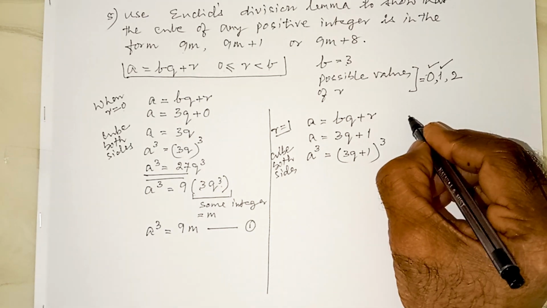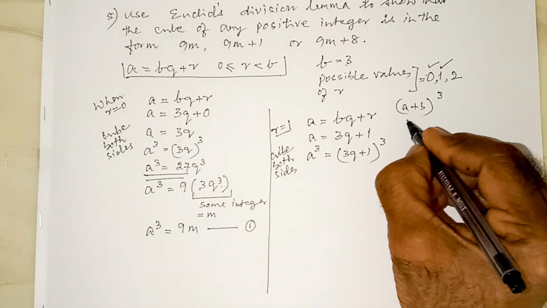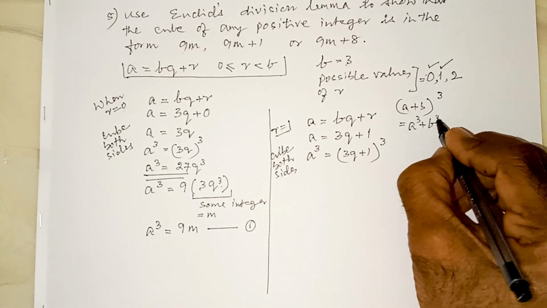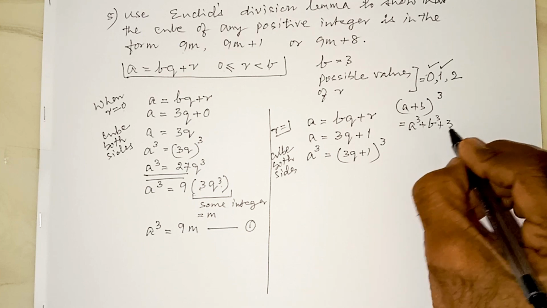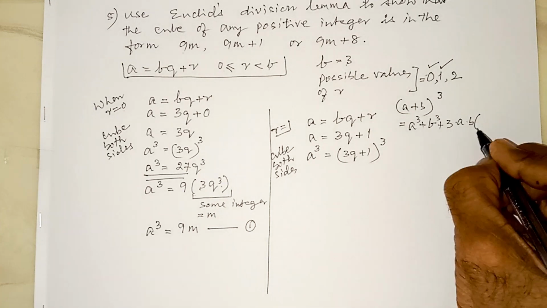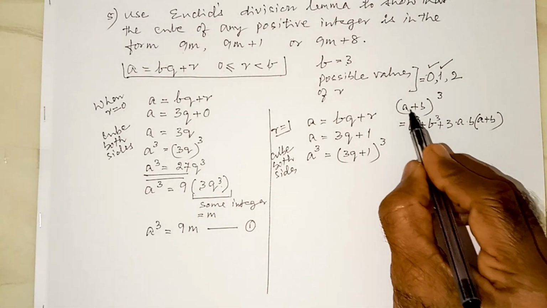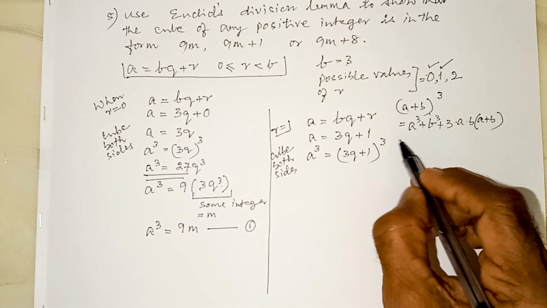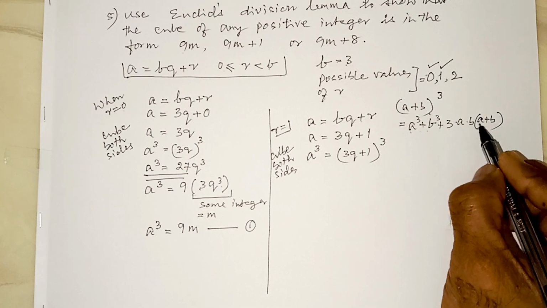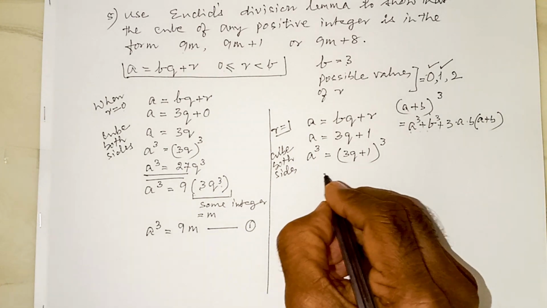The identity is a plus b whole cube is equal to a cube plus b cube plus 3ab into a plus b.